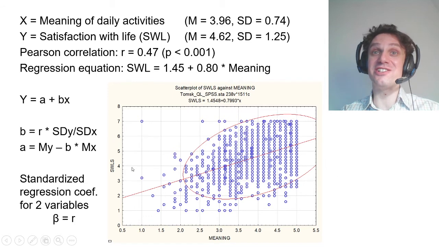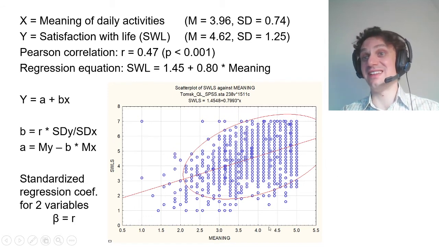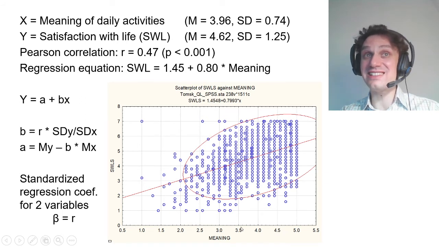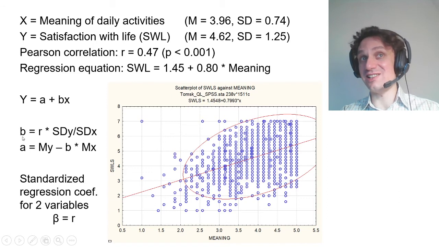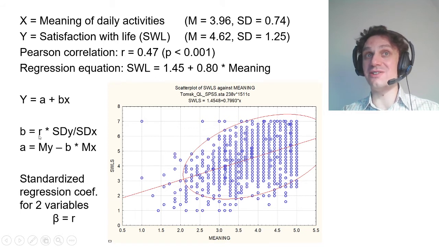So if we want to calculate expected satisfaction with life based on meaning of daily activities, we would need to calculate those regression parameters, intercept a and slope b. In order to calculate this slope, we would need to multiply our correlation coefficient by the ratio of these two standard deviations. And the result we would get would be 0.80.